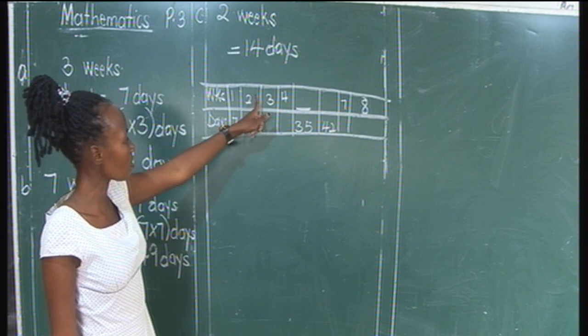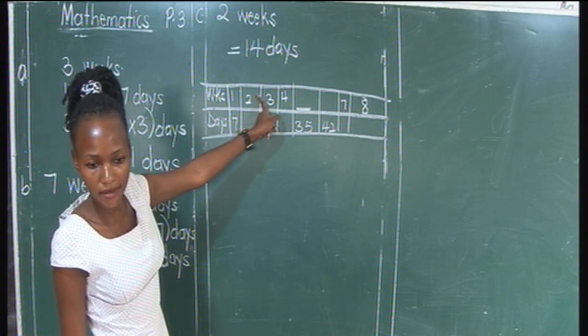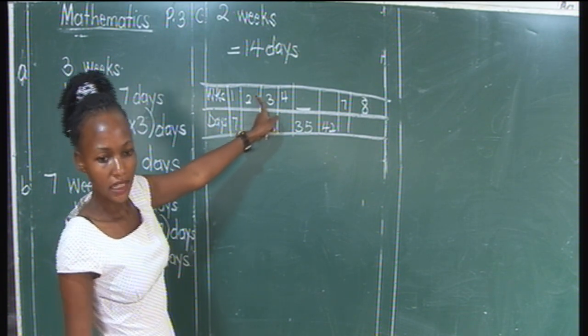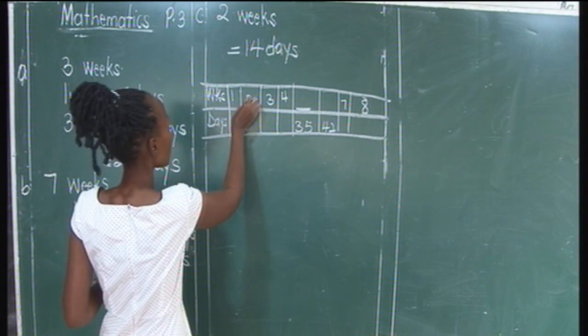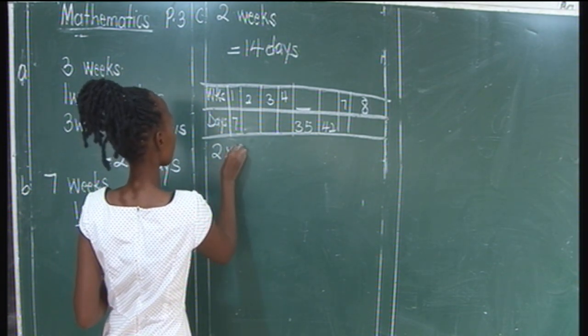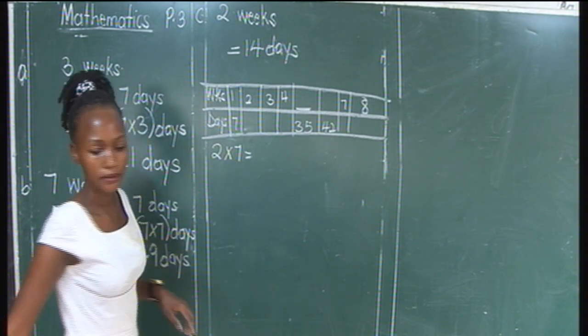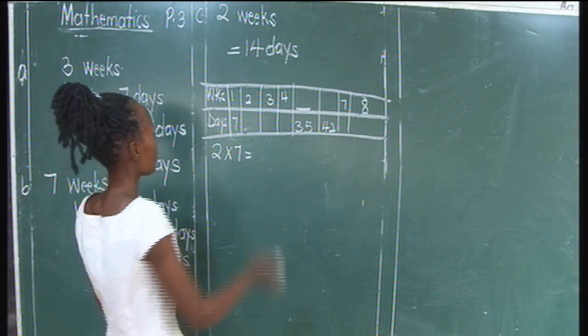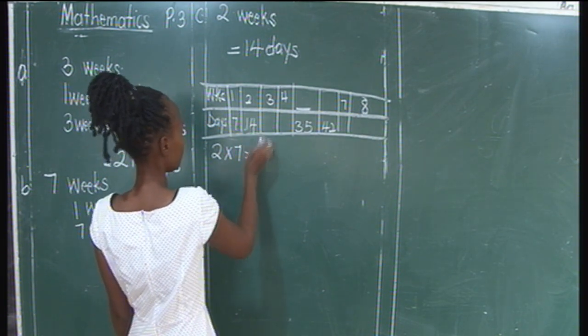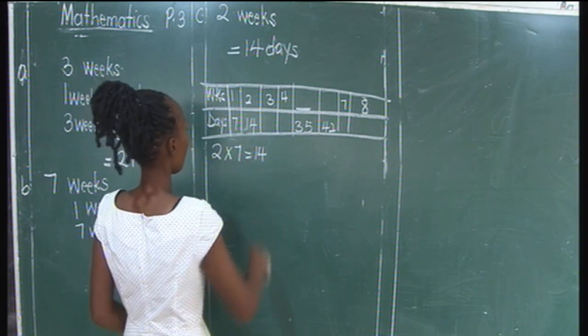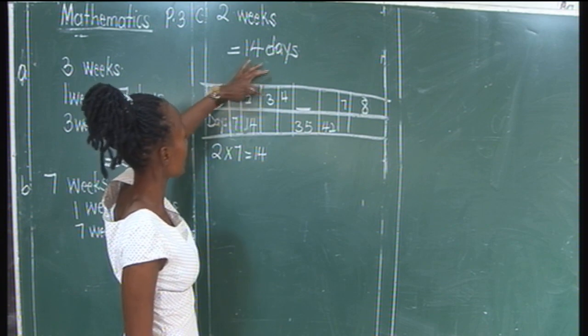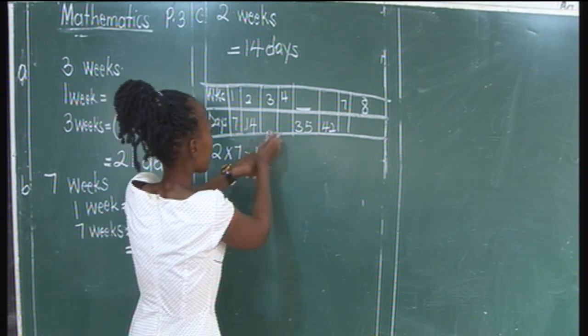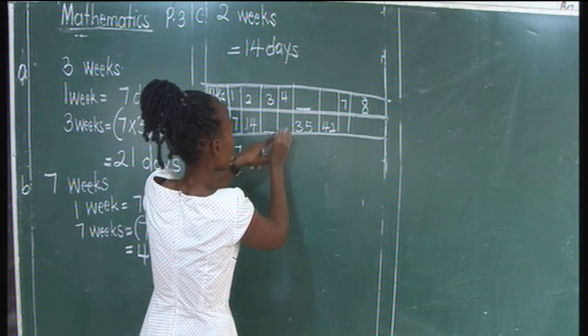What about 2 weeks? How many days are in 2 weeks? Now you just multiply. Just get your 2 times the 7 days. 2 times 7 and we shall have 14. Even when you reach here, 3 times 7, you put the answer here. 4 times 7, you put the answer.